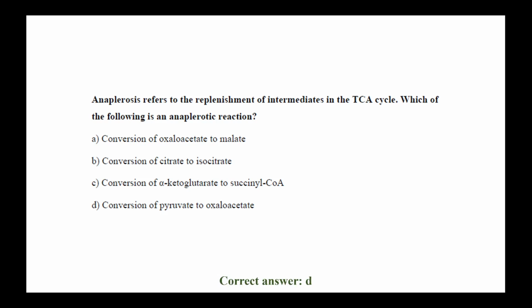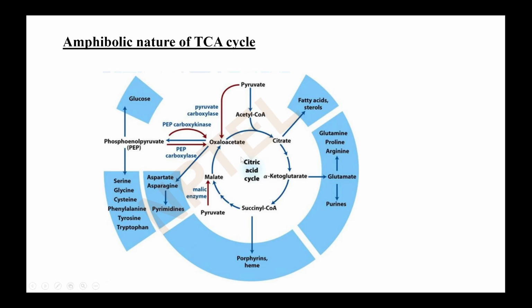So anaplerosis basically refers to the replenishment of the intermediates. Here you can see, I told you in the previous slide that the intermediates of the citric acid cycle or the TCA cycle are precursors to different other biosynthetic pathways.